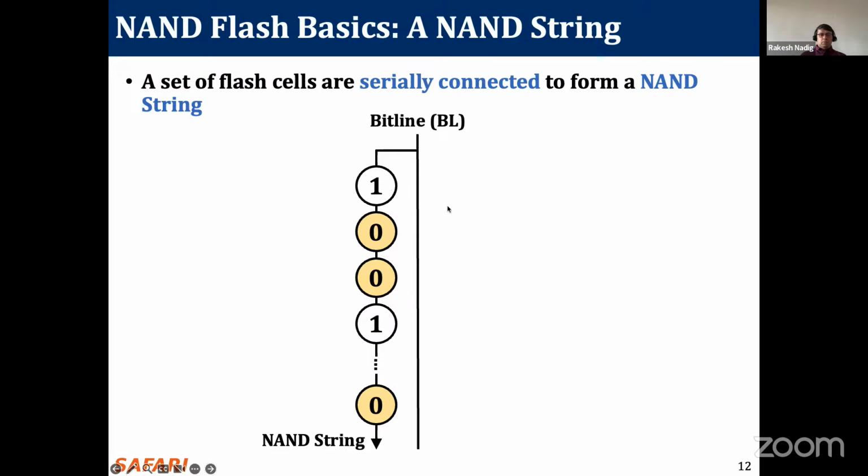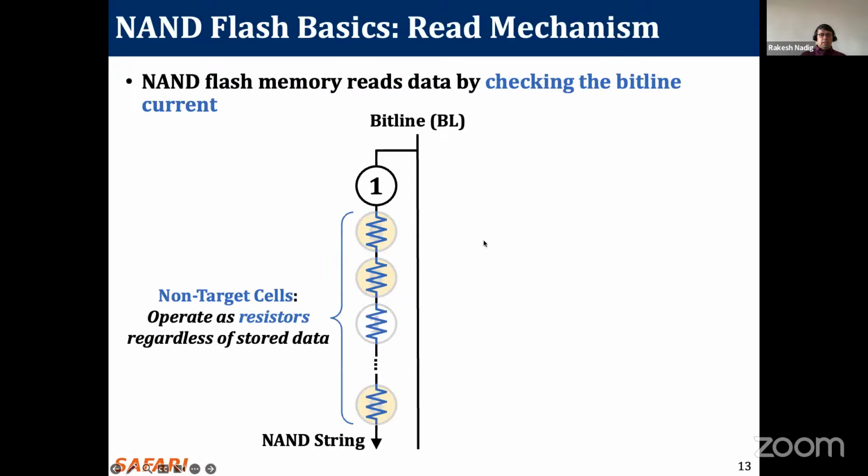Let's say there are some non-target cells which we don't want to read as part of a read operation, then these non-target cells operate as resistors regardless of the stored data, because of the high pass-through voltage that we provide to these flash cells.